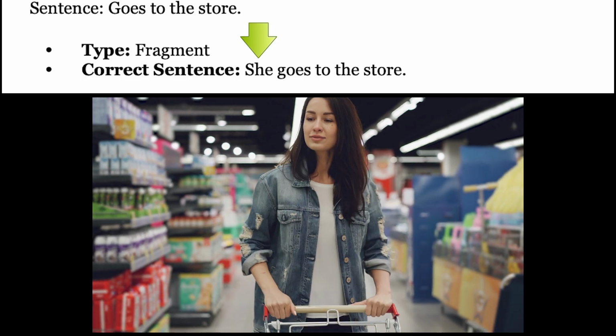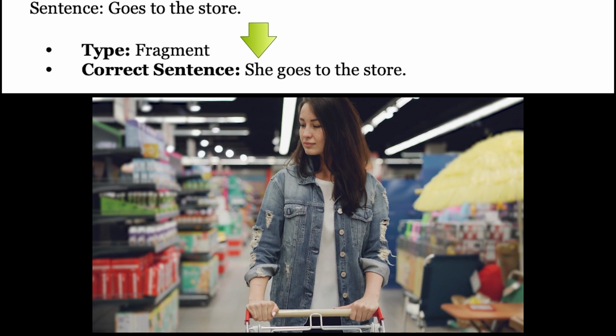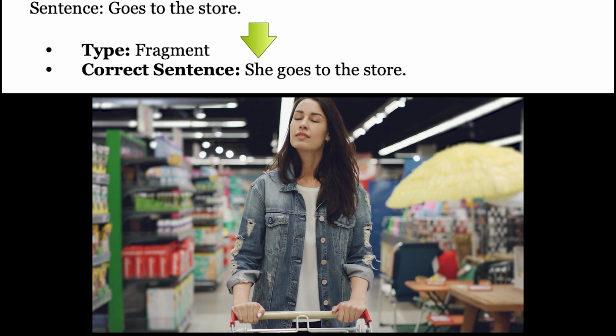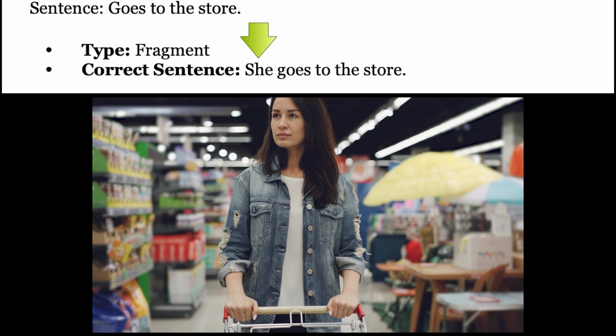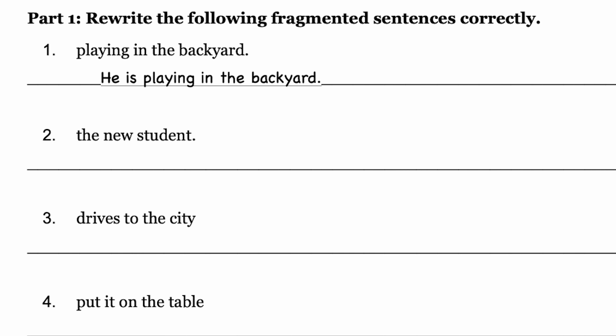Now, for the purpose of this video, we're only going to focus on the fragmented sentences and jump to the sentences in part 1. Let's take a look at number 1. It is already done for you. It reads, playing in the backyard. Again, here we know what happens, but not who is doing it.